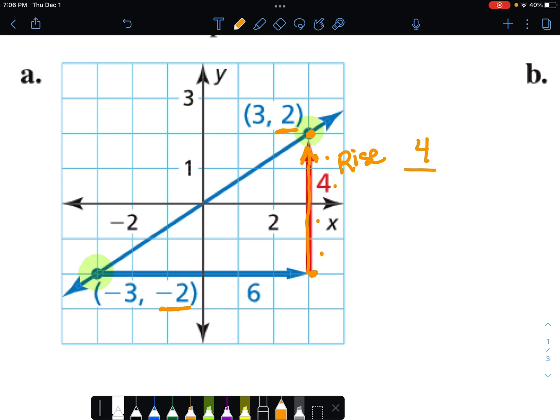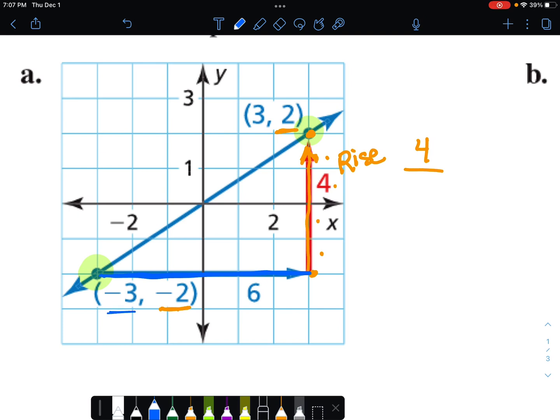Now, what about the run? So part of my slope is going to equal to the run. Let's take a look at the run. So the run is this over here. And it's the distance between the first point and the second point, but in terms of x.